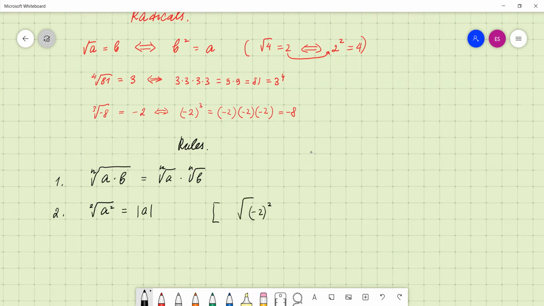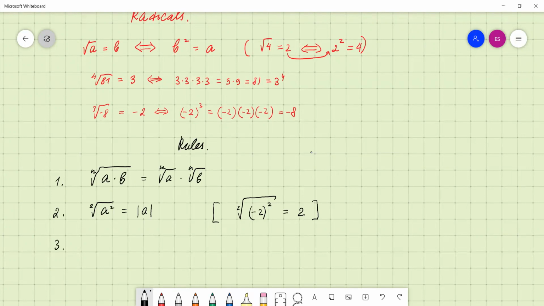It's going to give you 4, and you can extract a square root and you are supposed to get 2. But if you just cancel the square root and the square, you are going to get -2. You remember that even roots are always going to give you something positive as a result, just because you cannot multiply an even amount of numbers, negative or positive, and get something negative. Okay.